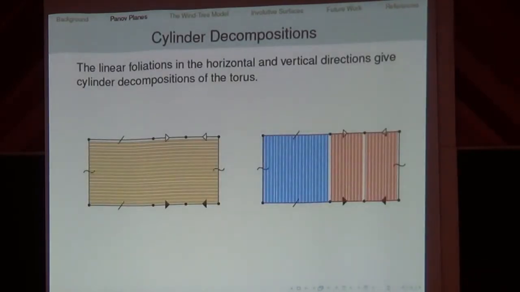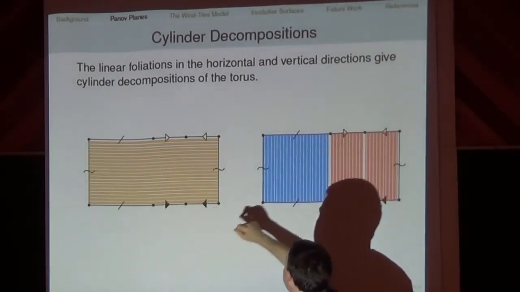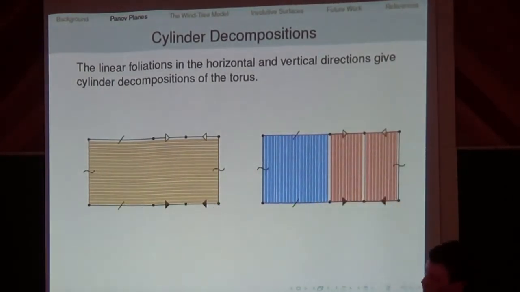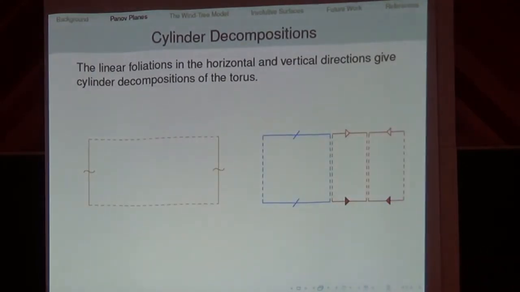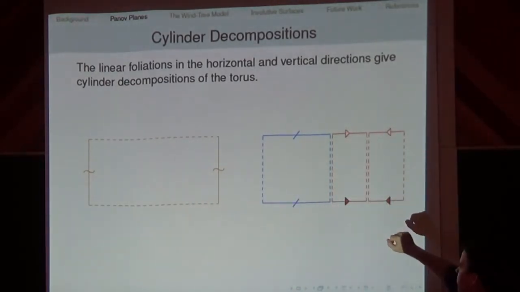So Panov will construct a pseudo-Anosov on this surface by combining Dehn twists in a certain way. To talk about Dehn twists, you need cylinders. So the most natural cylinders, I guess, are the horizontal cylinder here, so this horizontal foliation, and this vertical foliation. These give you one cylinder in the horizontal direction and two cylinders in the vertical direction.